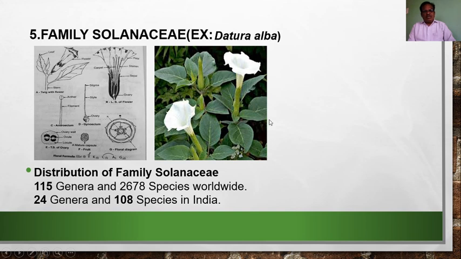When we observe this plant, the flower shows a funnel-shaped corolla, known as infundibuliform corolla. It has calyx and corolla both. The white part is the corolla and the green part is the calyx. Both are united, so it belongs to the Gamopetalae.